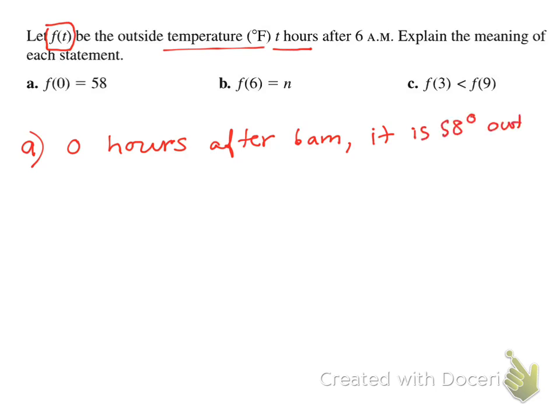Another way to say this: 0 hours after 6 a.m. is 6 a.m. So at 6 a.m., it's 58 degrees. Right?